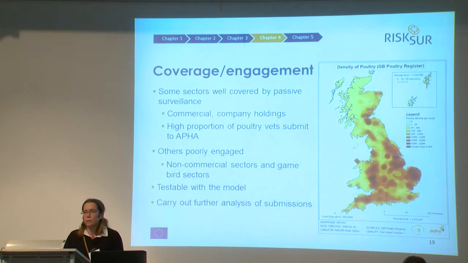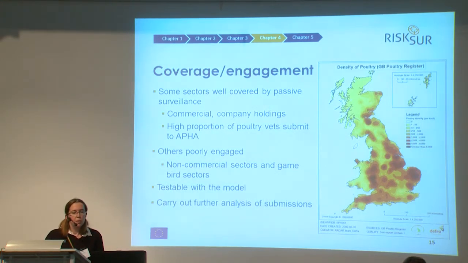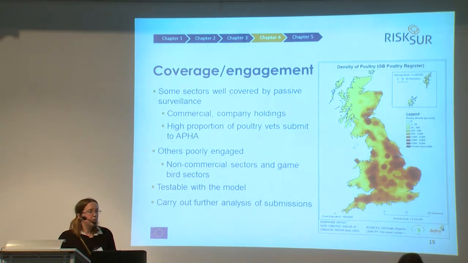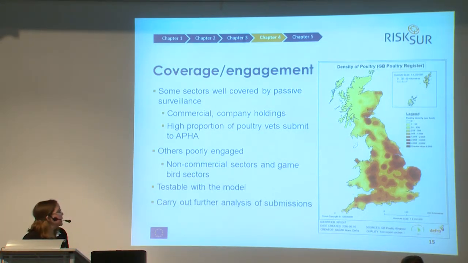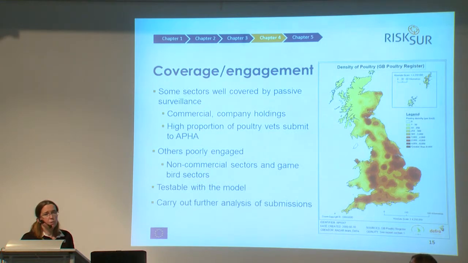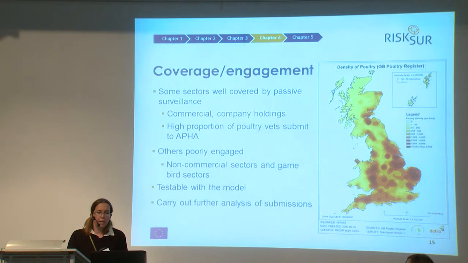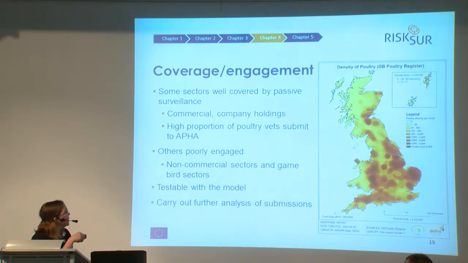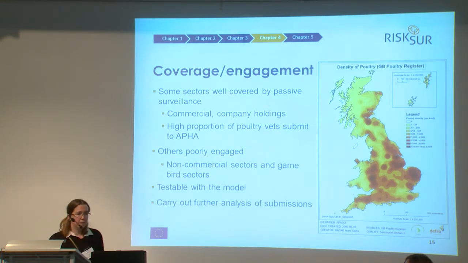We know that a high proportion of specialist poultry vets will submit samples to APHA. But we also know that other sectors are very poorly engaged. So the non-commercial sectors are seasonal producers, the holdings with less than 50 birds generally, and also the game bird sectors. And there's a lot of uncertainty about the probability of reporting in these different sectors.